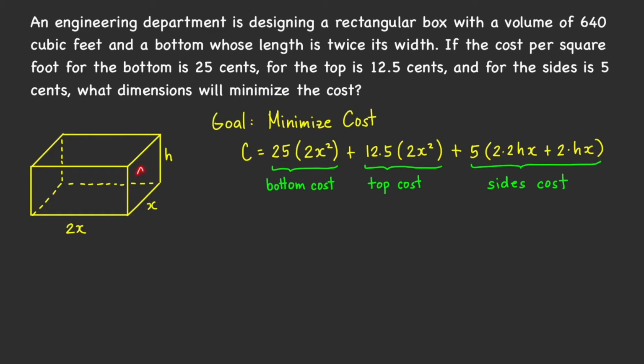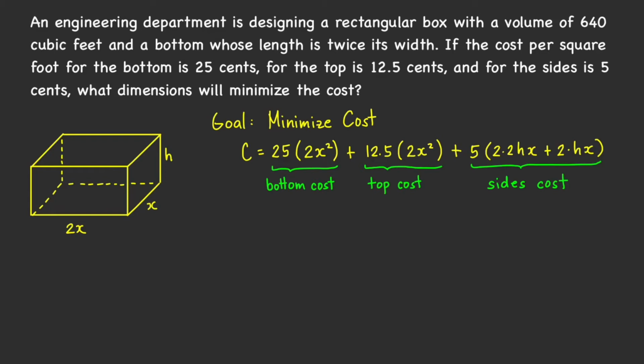Now, this right face and left face have the same area, and the area is h times x. So times 2 will get 2 times h times x. And since the cost per square foot for the sides is 5 cents, then the cost for the four sides is 5 times this expression.